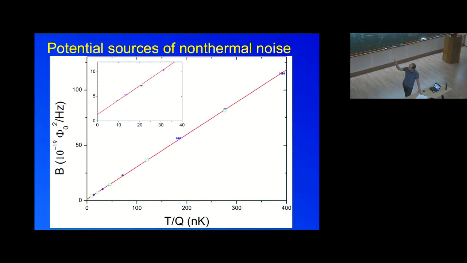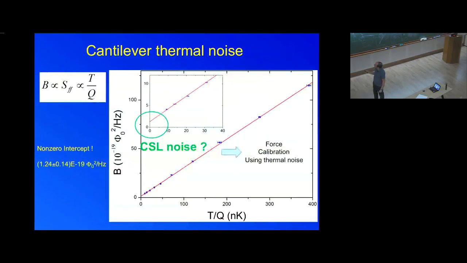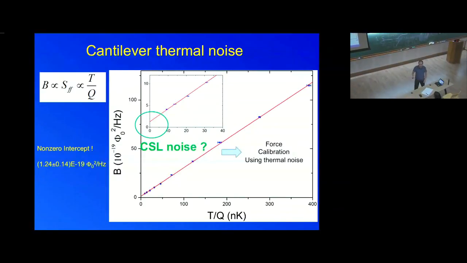So this green data refer to different measurements, so maybe it makes a bit of confusion. So let's go to, okay, this is the consistent set of data. Those data were done at different couplings, so maybe it makes confusion. So what's the question?